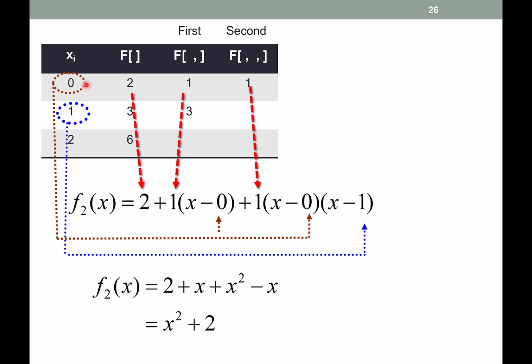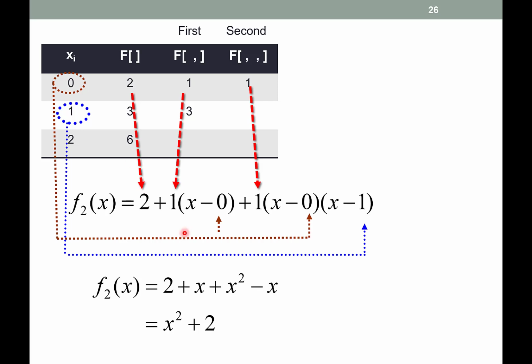In this case, x1 is 0, plus b2, which is 1, multiplied by, again, x minus 0, which is x1, times x minus x2, which in this case is 1. So this would be your Newton's polynomial, and by expanding and simplifying this equation, we would end up with x squared plus 2, the second order polynomial that would be used to interpolate between these 3 data points in the data set.